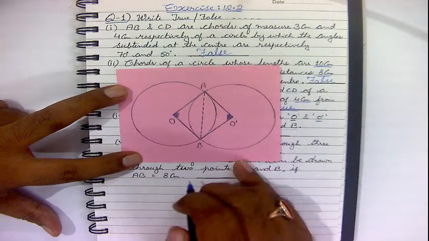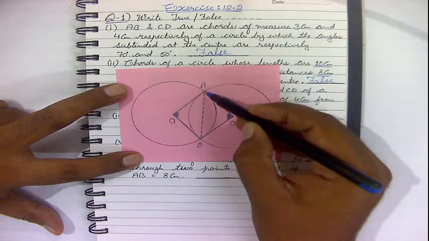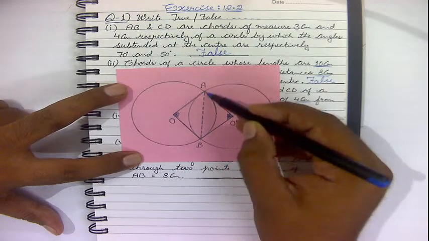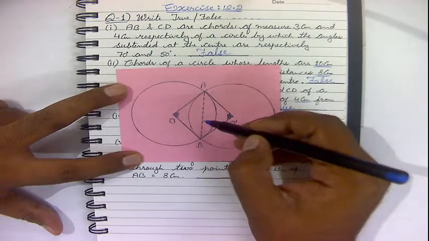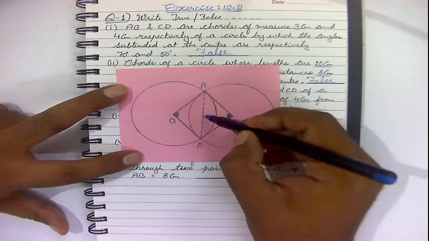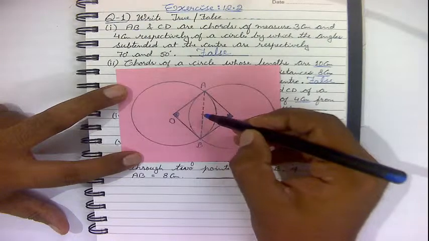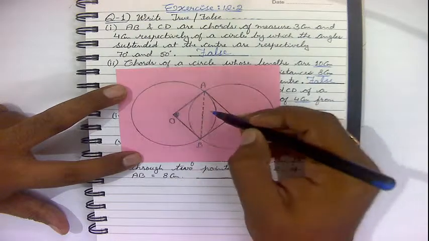Is it equal? It will be equal. Reason being, if you join A and B, अगर आप AB को join करते हो तो एक chord हमें मिलती है, and this is the common chord. ये दोनों सर्कल्स के लिए क्या है? कॉमन कॉर्ड है, तो इसका मतलब कॉन्ग्रुएंट सर्कल्स में जो कॉर्ड है वो इक्वल हो गई.